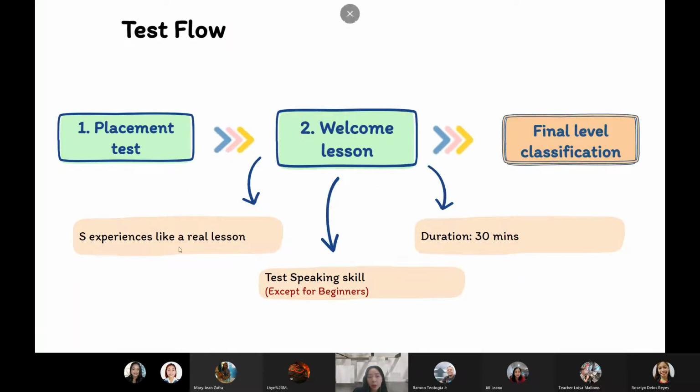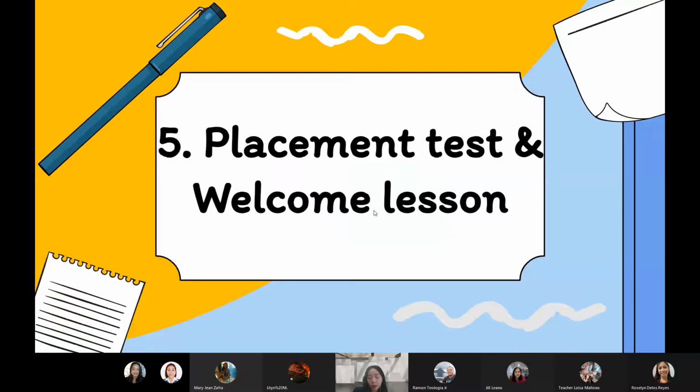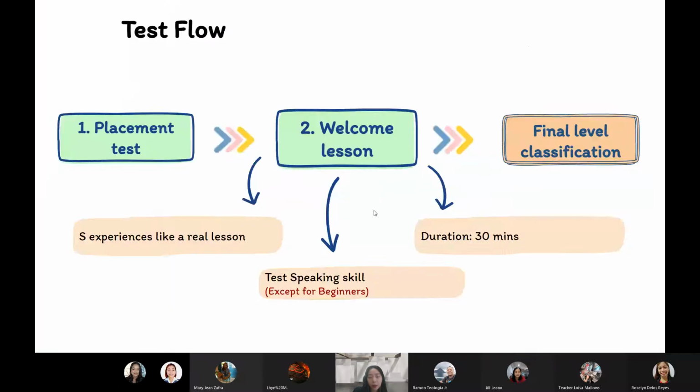Okay, so I will talk more about the test flow because it's the biggest difference between Kid'sBox and SpeakUp. For example, in SpeakUp, we take the placement test in the trial class, right? And we have to assess their skills in the trial class. But for Kid'sBox, they already take the placement test before they go to the trial class, which is the welcome lesson.